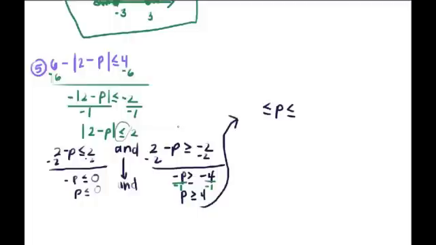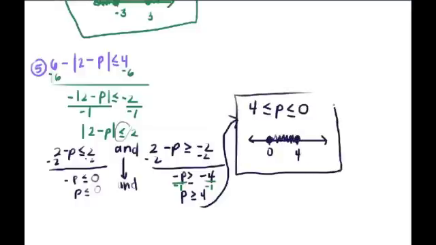So I have 0 here, and then I have 4 here. So we graph this out now. I have 0, I have 4, closed circles, and then since it's an and problem, I shade in between, and then here's my final answer.